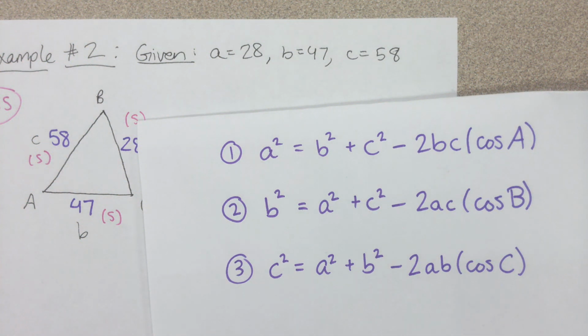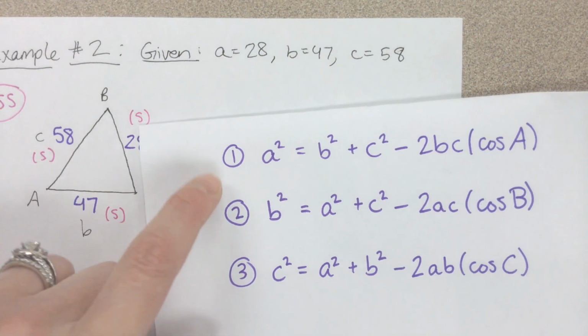Again, I like to just go in alphabetical order. It makes the decisions easy for me. So I'm just going to start with angle A, so I'm going to use the first formula.